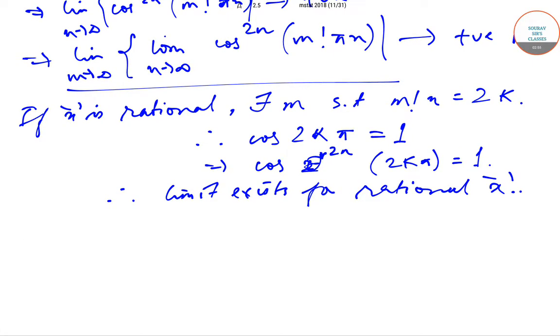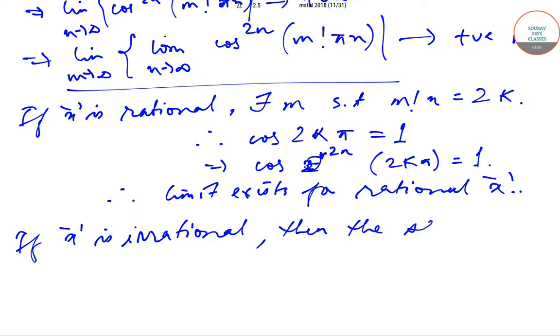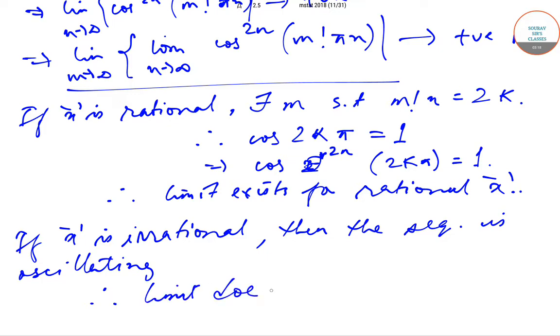Now if x is irrational, then the sequence is oscillating. So we can say that the limit does not exist for irrational.